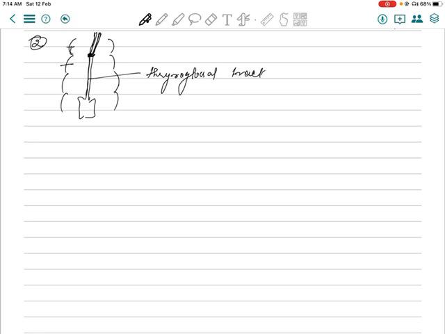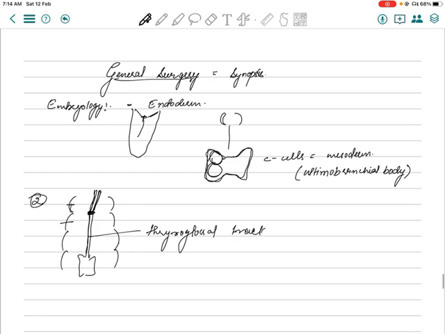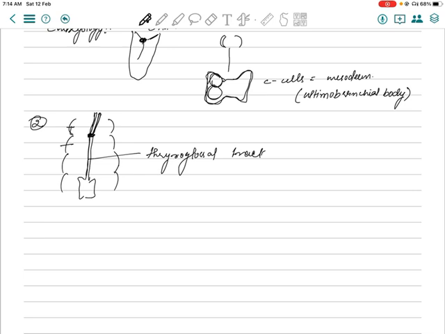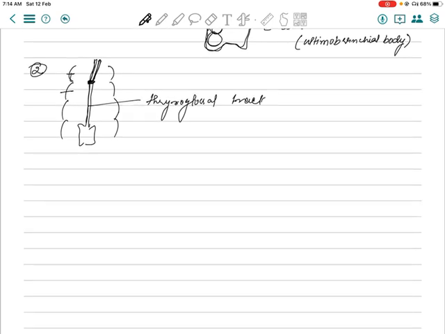The site of its connection with the epithelial floor of the mouth is marked by the foramen cecum that we covered here. Its connection is with the epithelial floor of the mouth, except that the distal part differentiates into the pyramidal lobe of the thyroid, and the rest of the duct disappears. So this is the thyroid gland, this is the isthmus, and we have a pyramidal lobe like this.